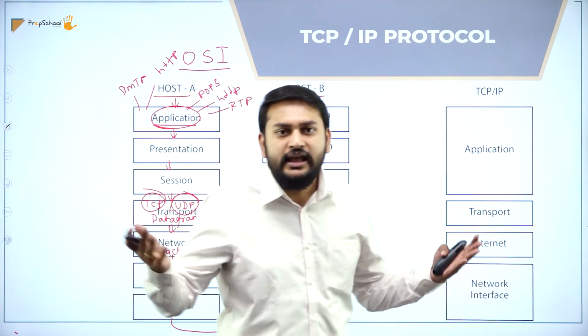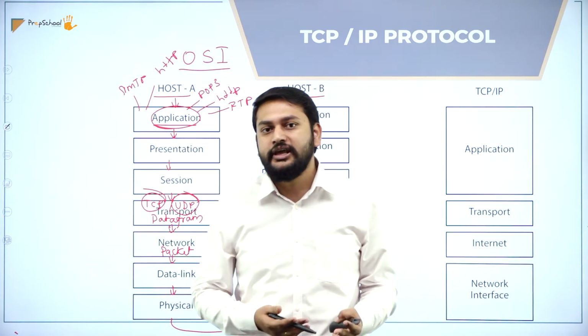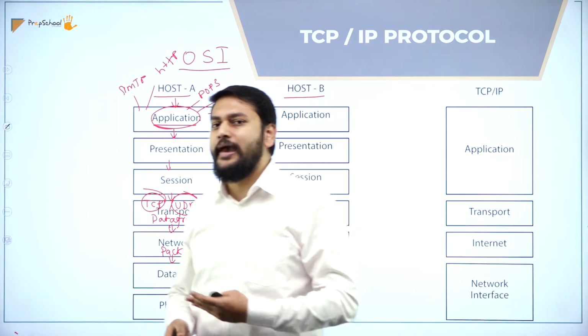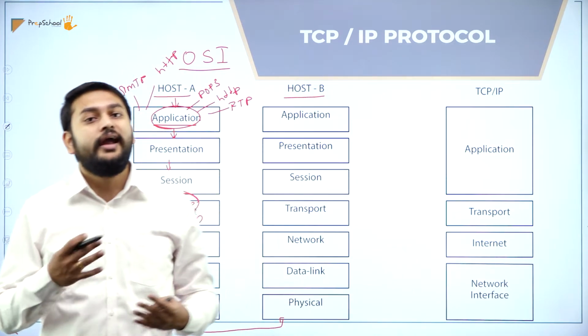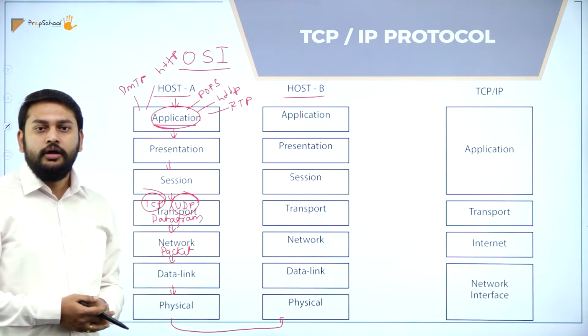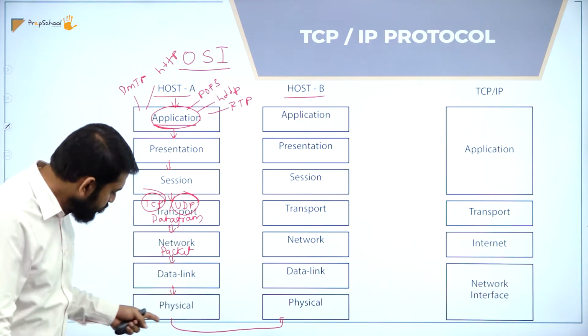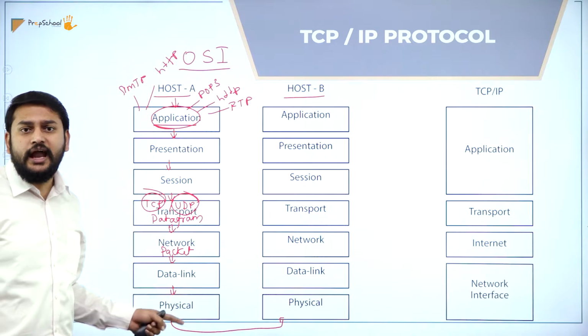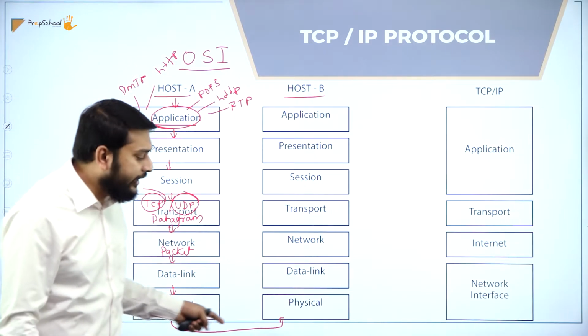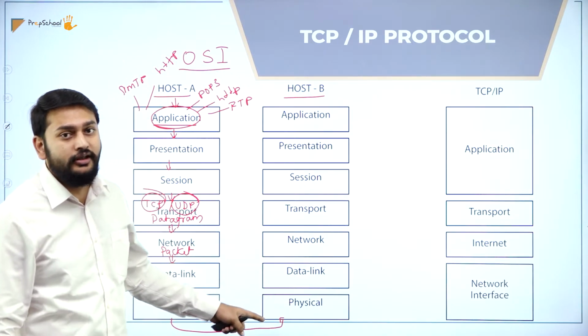I can select any medium for the communication. It can be coaxial cable, twisted pair, or I can also go for an unguided transmission medium. It is up to me which transmission medium I use.